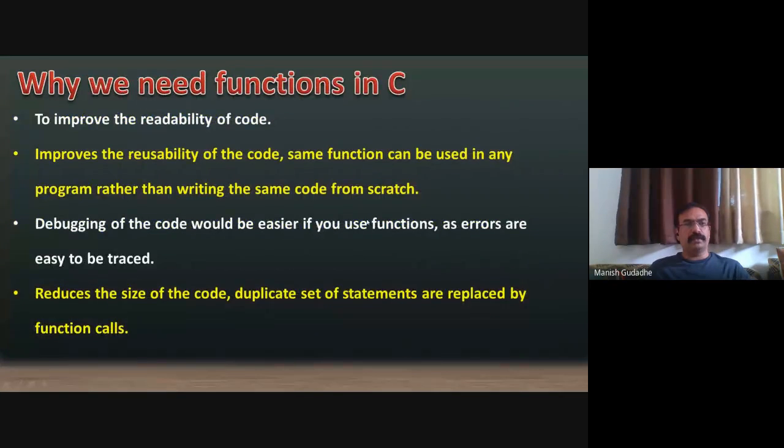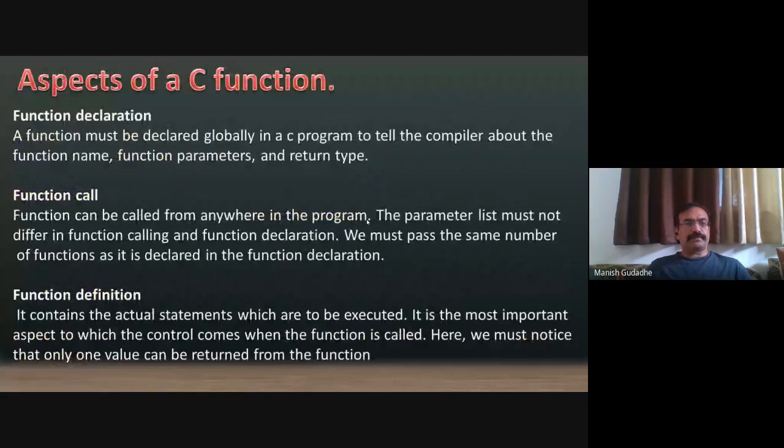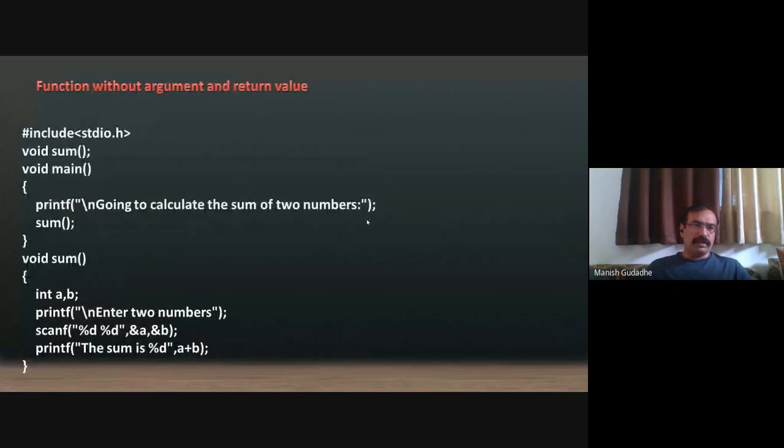We have seen many of these things in the past lecture. We have also seen two examples where we were not passing any arguments or parameters, nor returning any value. In this particular function, we have a function called sum, which is just called in the main function.